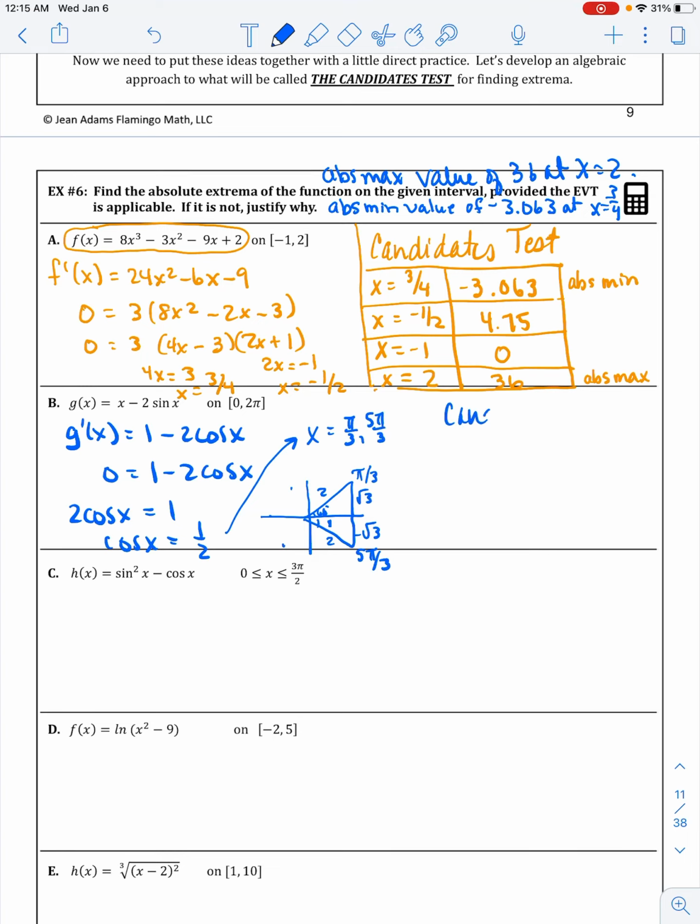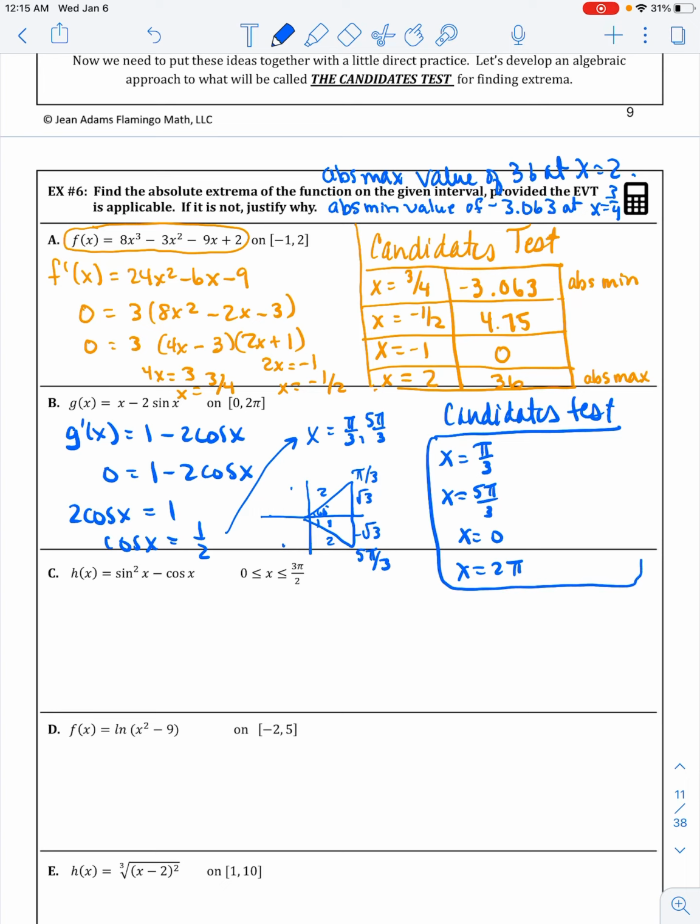So those are two of our candidates, and our endpoints are also our candidates here. So x equals pi over 3, x equals 5 pi over 3, x equals 0, and x equals 2 pi. Those are all the things that we have to look at.